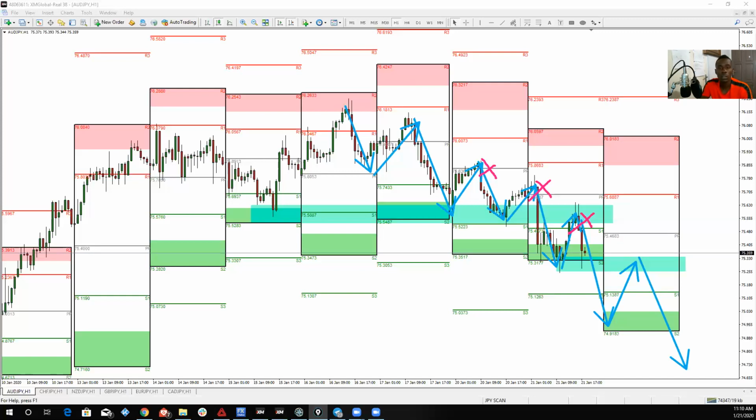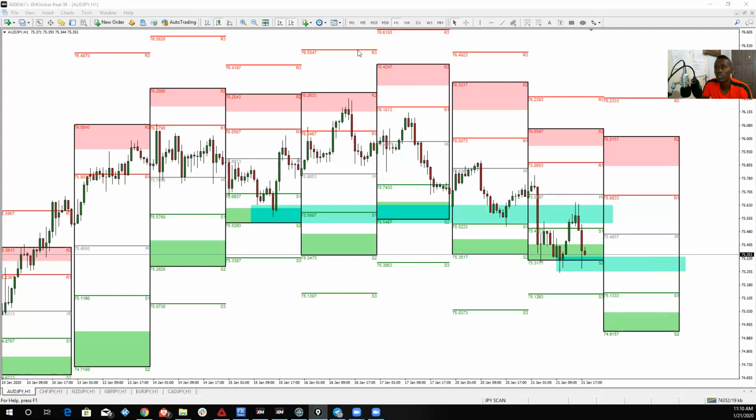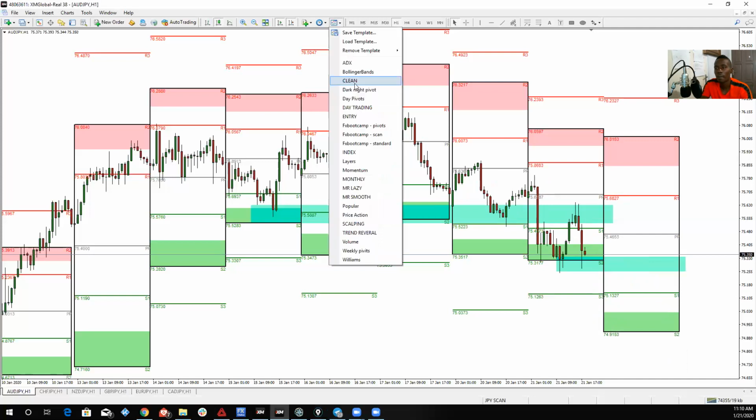I also have a weekly pivot. That's what I would like to share, right? Here it is, weekly.